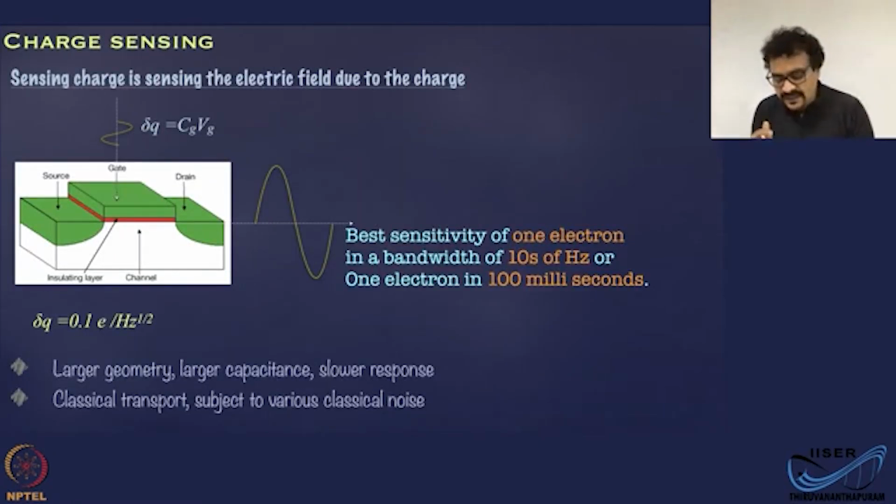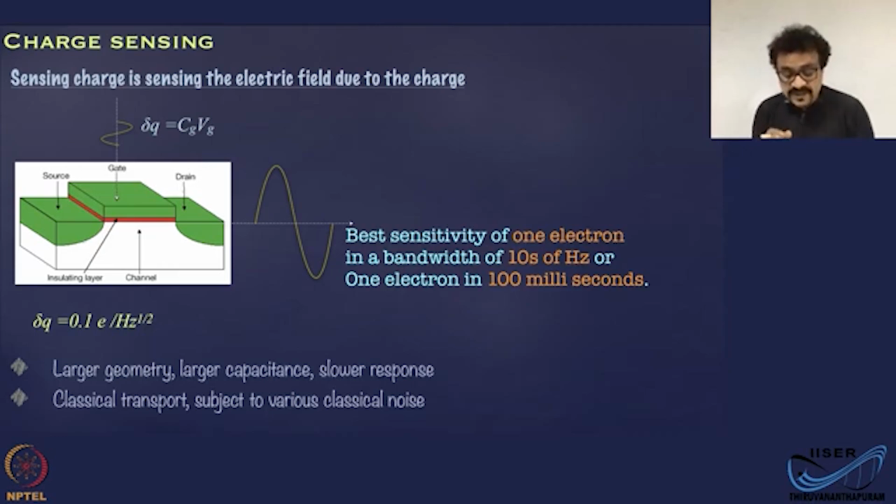So when we say charge sensing, what we are really sensing is the electric field due to the charge. You have a change in the charge configuration, and what you are going to sense is a change in the electric field due to that charge.